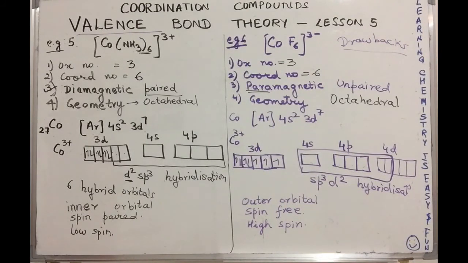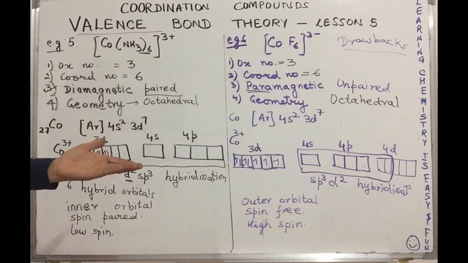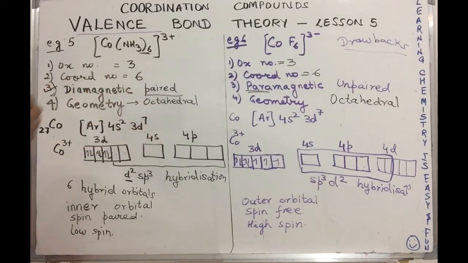Then when we talk about magnetic behavior, one complex ion is having 3 unpaired electrons, the other may be having 2. There's no mention of the quantitative measurement of that magnetic behavior of that complex ion. Yes, it is able to help us in defining the geometry. It has been successful in telling us as to why some elements are able to form complex compounds, the others are not. But there are drawbacks as well.